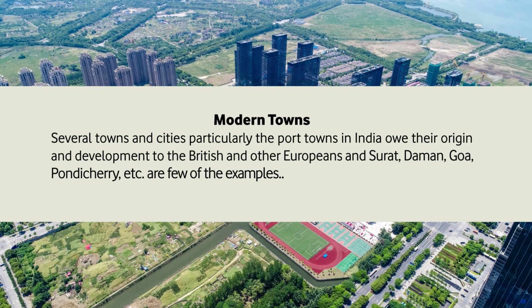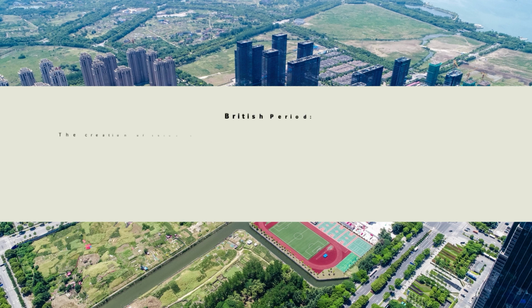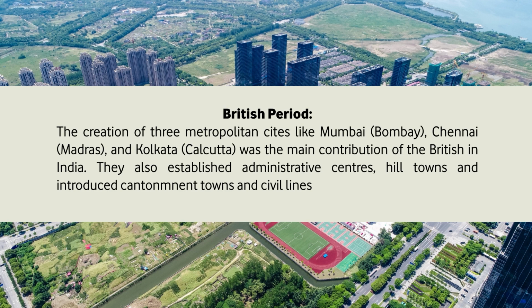Talking about modern towns, several towns and cities, particularly the port towns in India, owe their origin and development to the British and Europeans. Surat, Daman, Goa, Pondicherry, etc. are a few of the examples. In the British period, the creation of three metropolitan cities happened: Mumbai, which was Bombay, Chennai, that was Madras, and Kolkata, Calcutta, was the main contribution of the British in India.